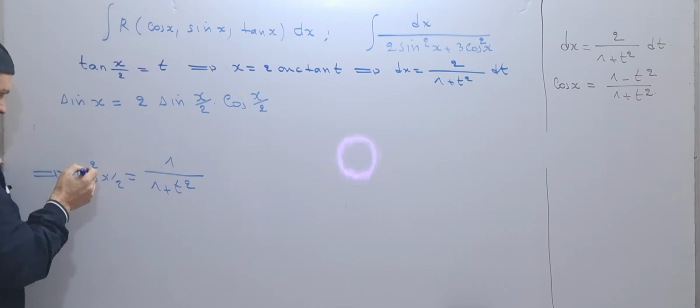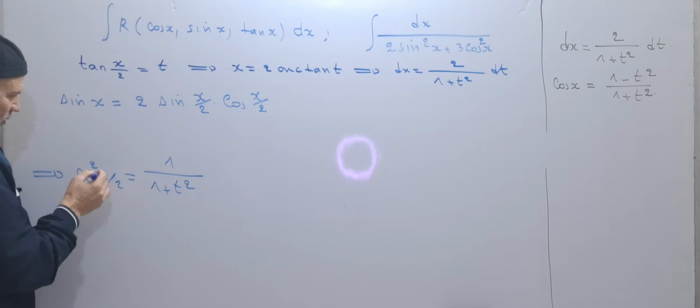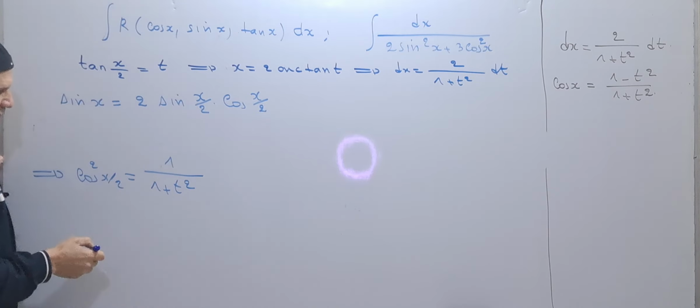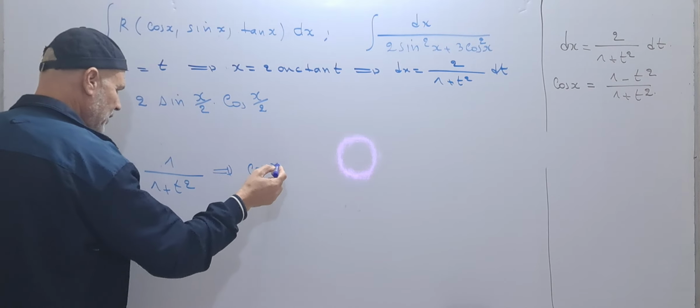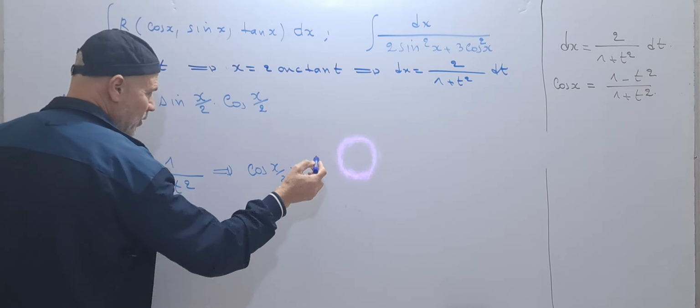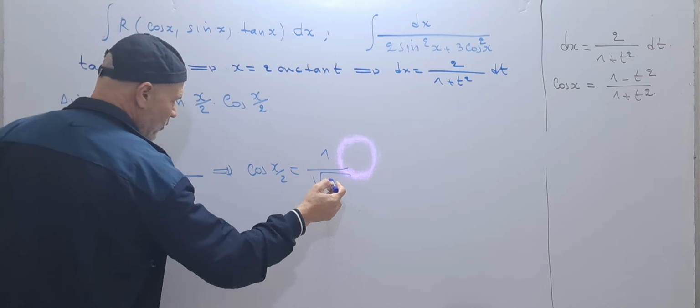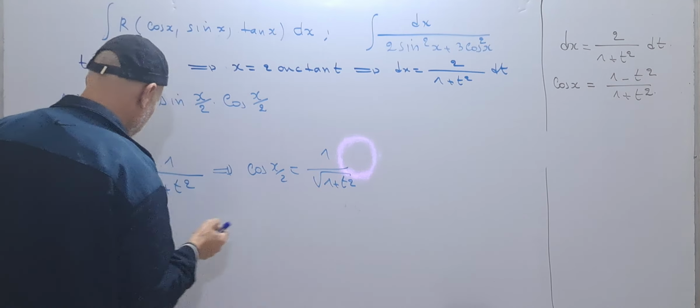From this formula, we have cosine x over 2 square equal to 1 over 1 plus t square, which gives us that cosine x over 2 is equal to 1 over the square root of 1 plus t square.